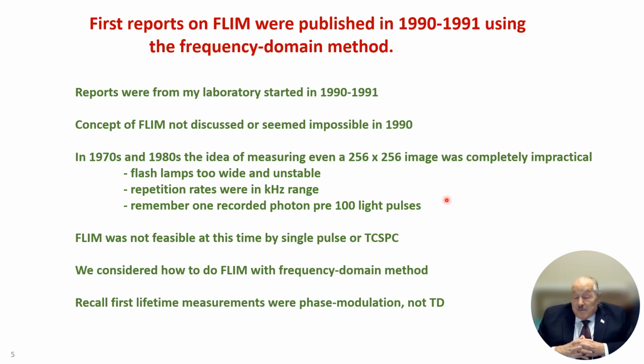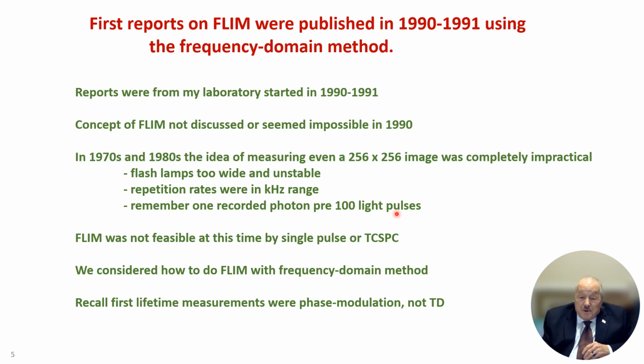Remember when we spoke about the flash lamps were unstable, the repetition rates were in the kilohertz range, and remember you can only take 1 photon per 100 light pulses to avoid pulse pileup. So even doing a low resolution image, 256 by 256 pixels, it was really an impossible task.